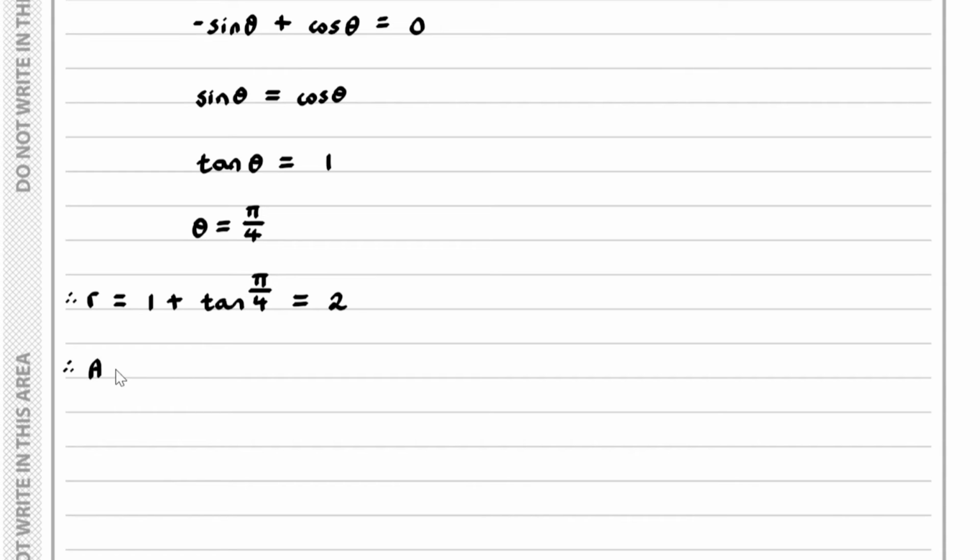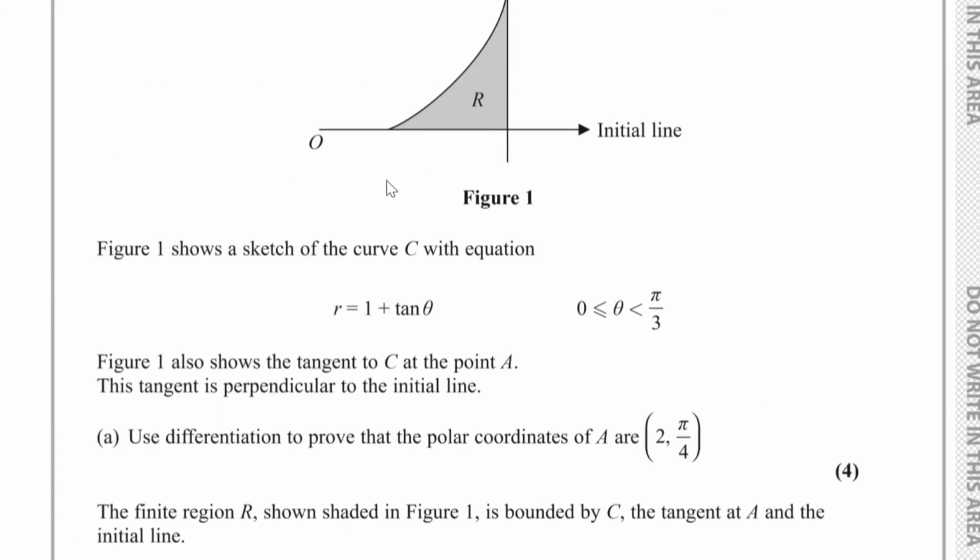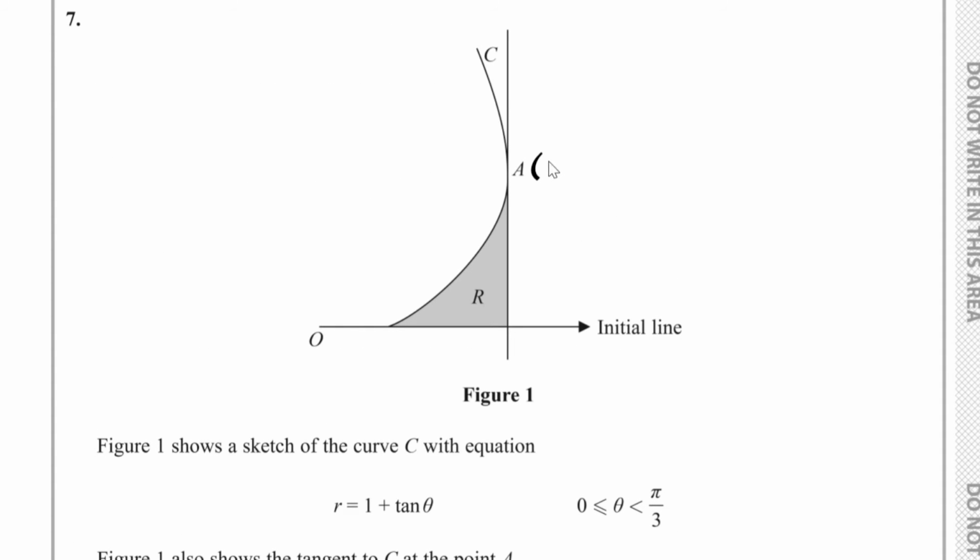And so the coordinates of A, we've got 2 and pi over 4, and that's in polar form. So A has coordinates 2 and then pi over 4.